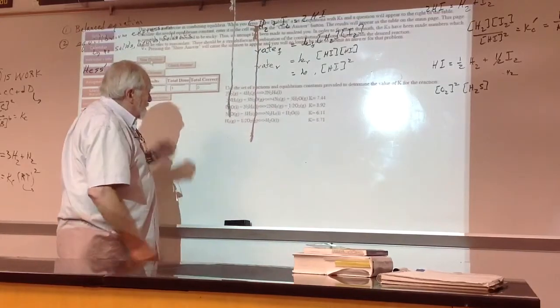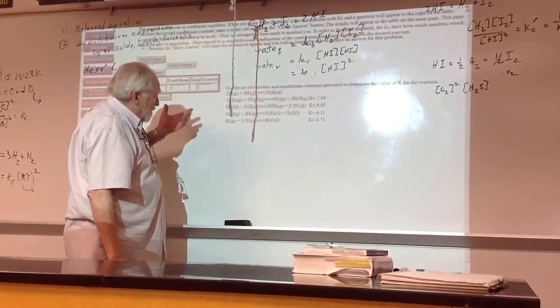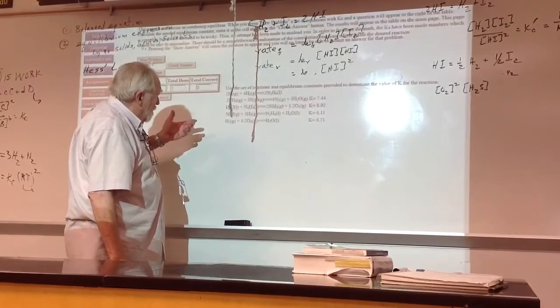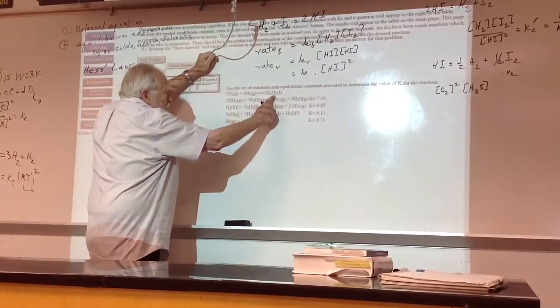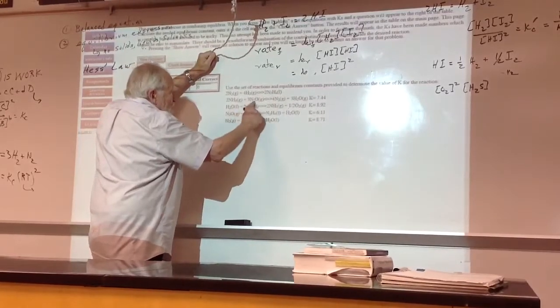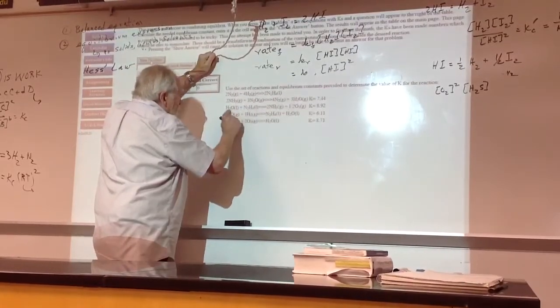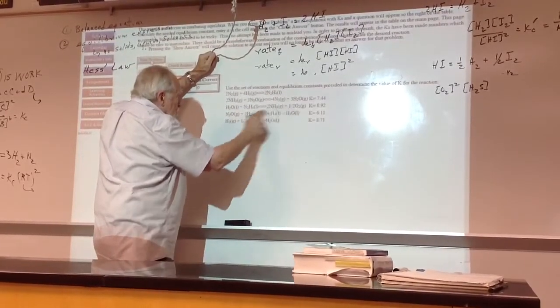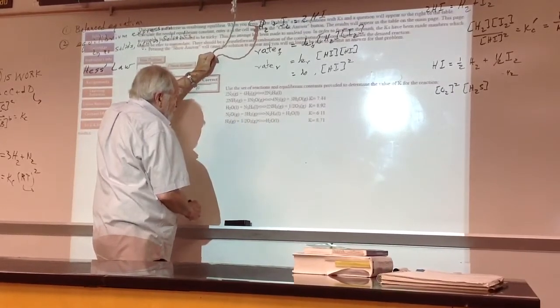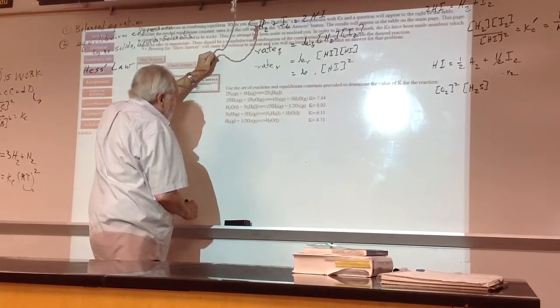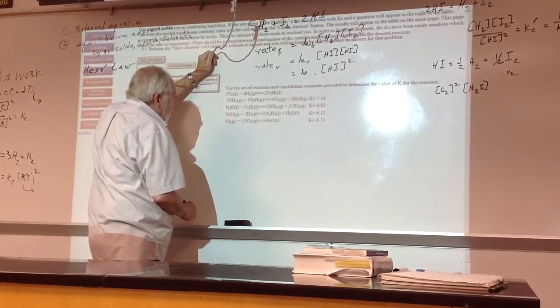So here, for instance, we look for unique ones. There's N2H4, that always looks unique. I don't see any N2H4 here. There's an N2H4. Oops, there's another one, that's not unique. Let's forget N2H4. Okay, what else is unique? Nitrogen.